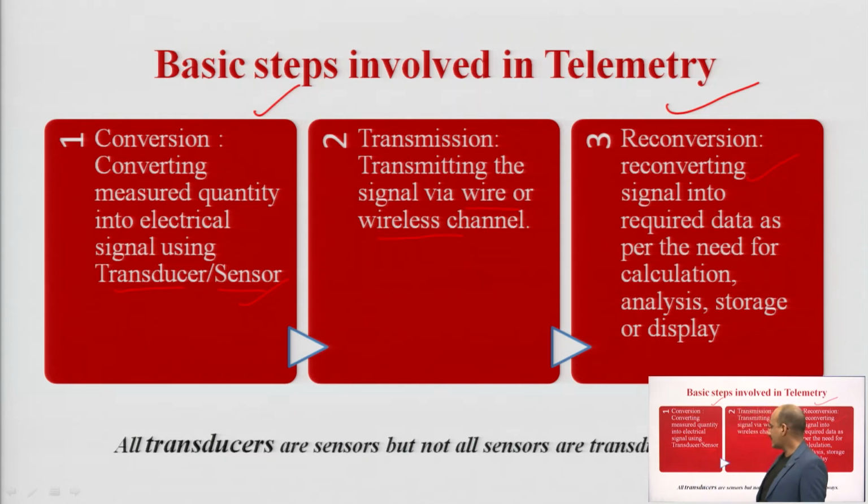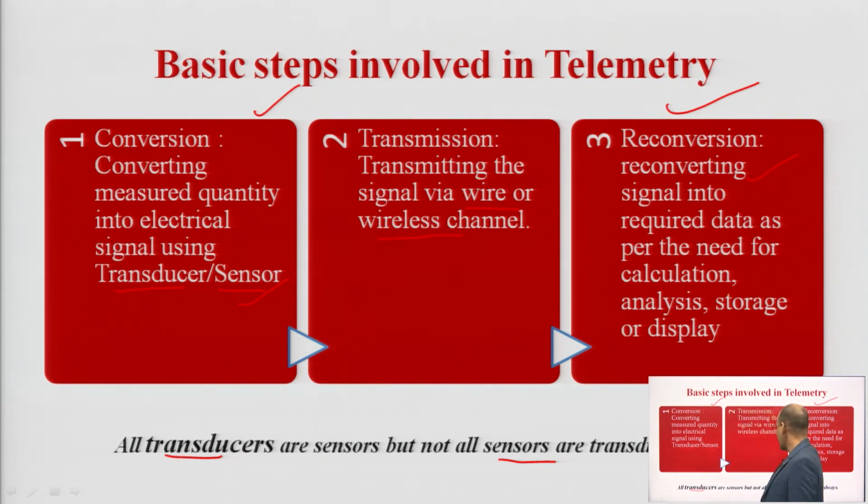And here one point is very clear, that I am using the words transducer and sensors. As a student of instrumentation, you know very clearly that all transducers are sensors, but not all sensors are transducers always. That point is directly related, because a transducer is the device which converts a physical quantity into an electrical quantity.